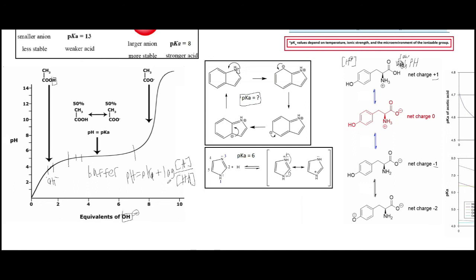This was the Henderson-Hasselbalch equation. And so when this and this are equal to each other, then this is 1, and the logarithm of 1 is 0. And so pH equals pKa in the center here, when we have 50% of our protonated form and 50% of our deprotonated form.